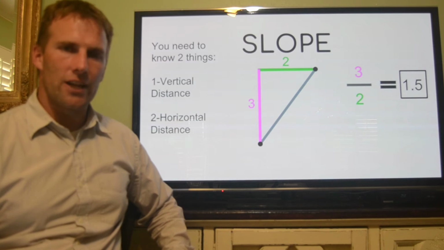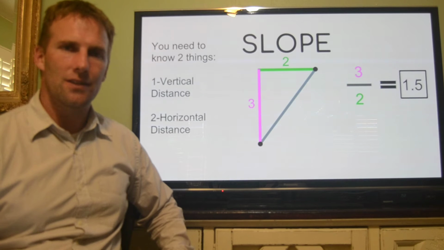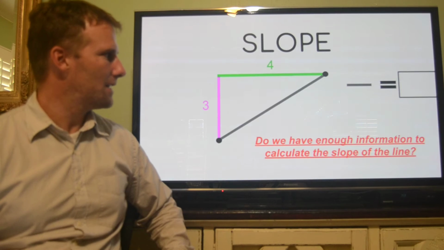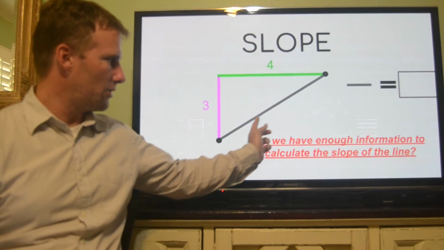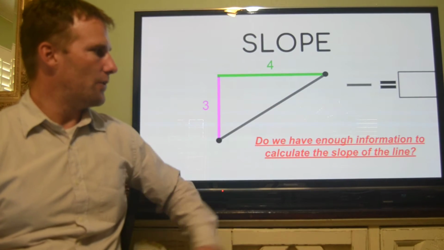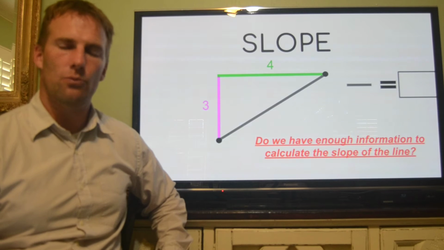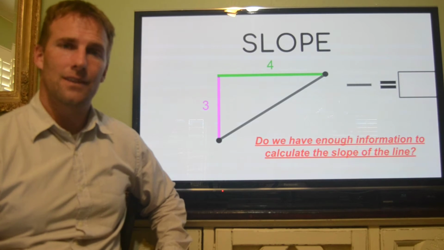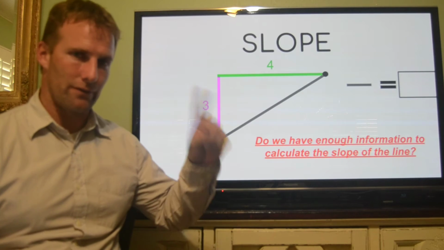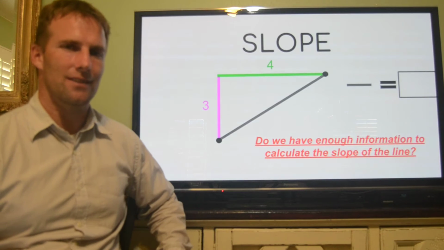Now I'm going to give you a chance with some pieces of information to calculate the slope of a line. The first question you have to ask yourself is, if I'm trying to find the slope of this gray line, do we have enough information to calculate the slope of the line? Yes or no? Yes, we do. We have the vertical distance and the horizontal distance.